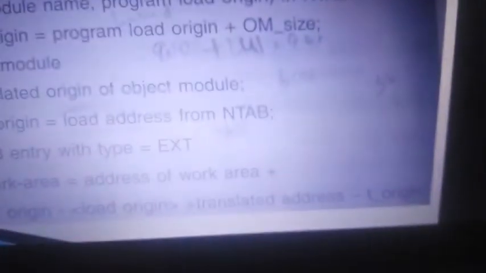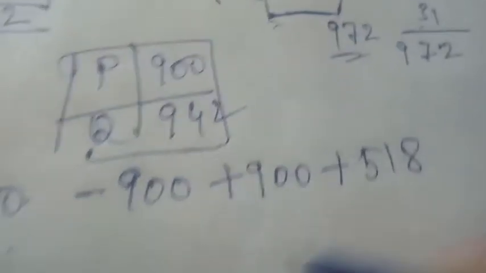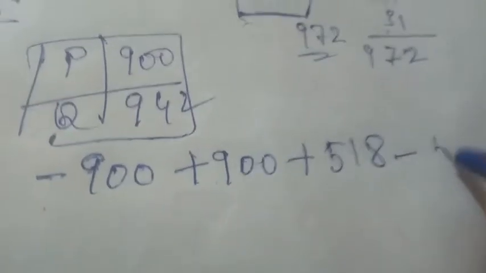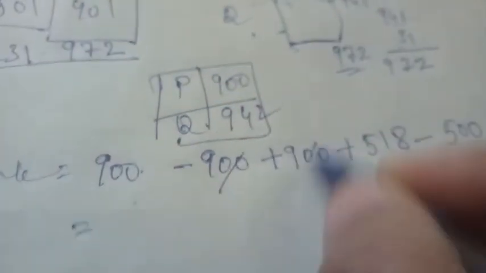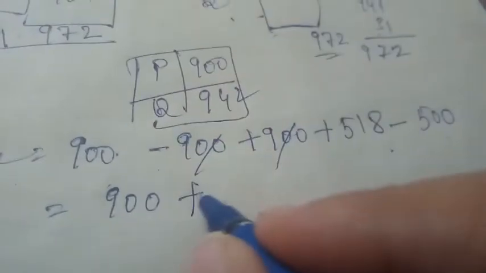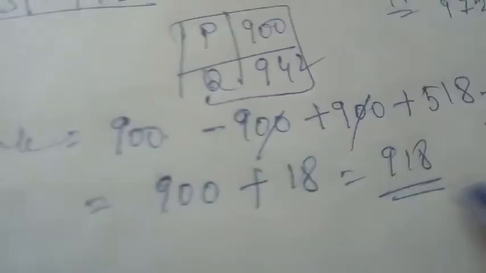Here you have the translation address of that work area. The work area alpha is at 518. So work area minus translated address, that is 500. Then 900 plus 500 minus 518 minus 500, you got 918.